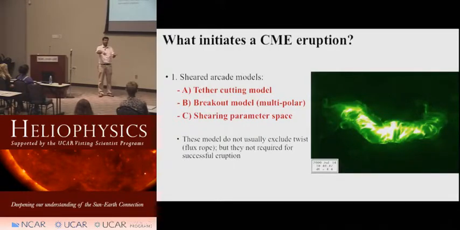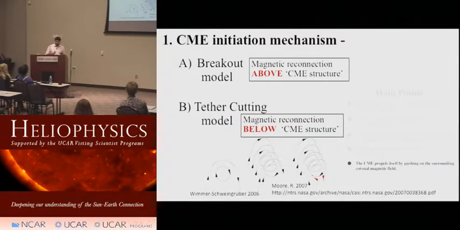That creates a line that's neutral, and that's called the polarity inversion line. And so these arcades are things that cross over the polarity inversion line. And if you move these foot points and shear them against each other, they become sheared arcades.